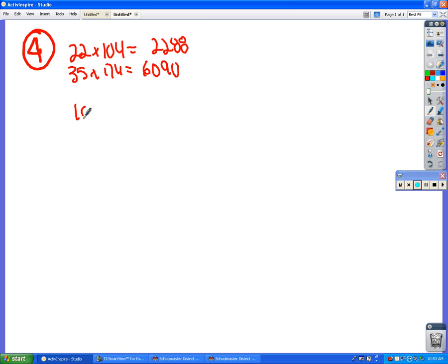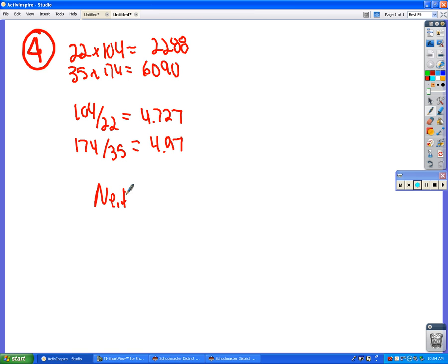Then you do the opposite. You go 104 divided by 22 and you get 4.727, and then you do 174 divided by 35 and you get 4.97, and since those are different, it's not inverse either, so this one is neither.